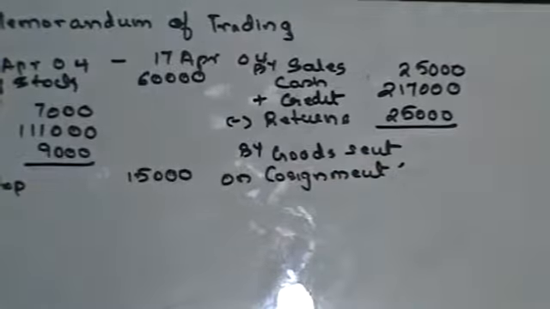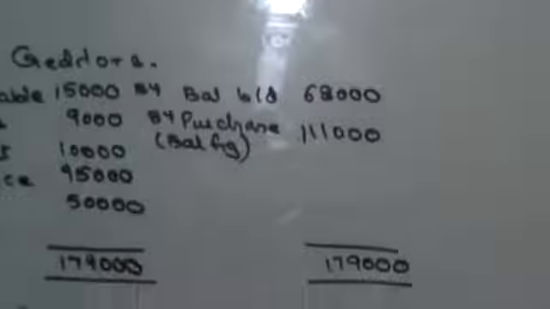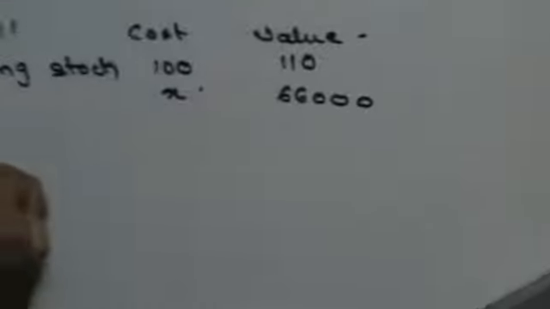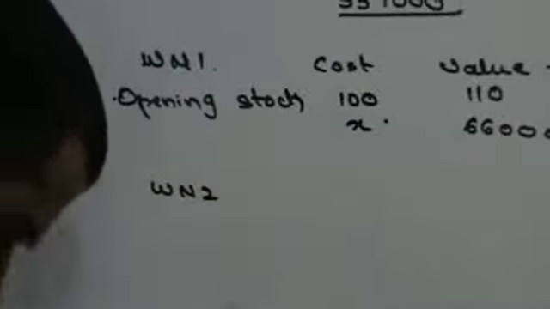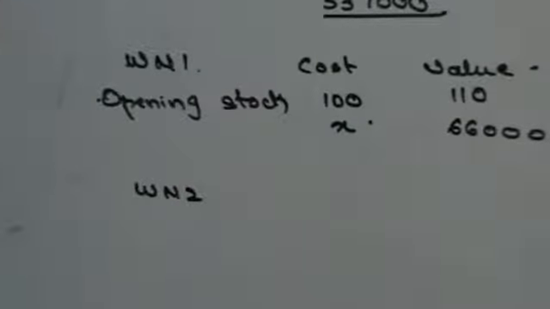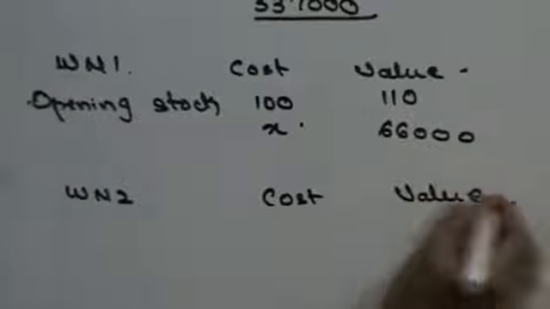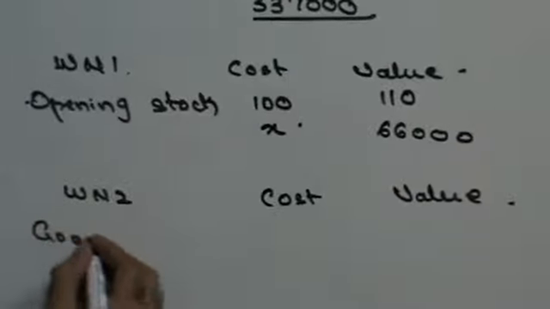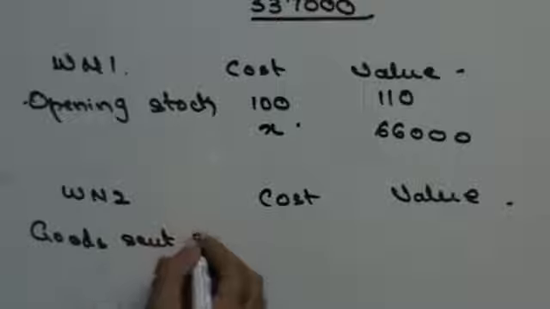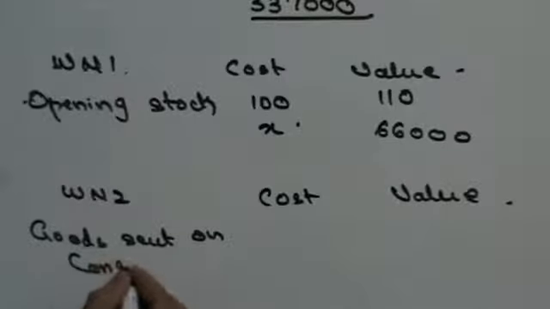Now, let's make a working note for this. Working note 2. Cost plus 10%. Cost value. Goods sent on consignment.